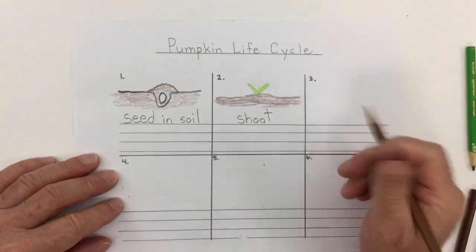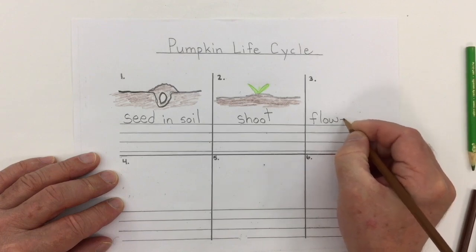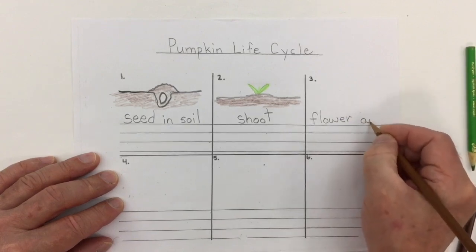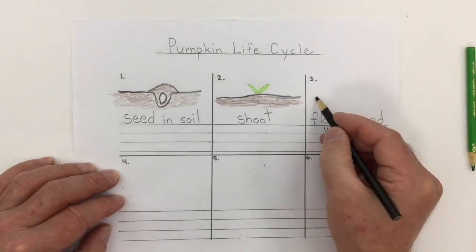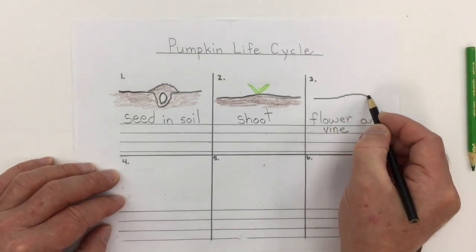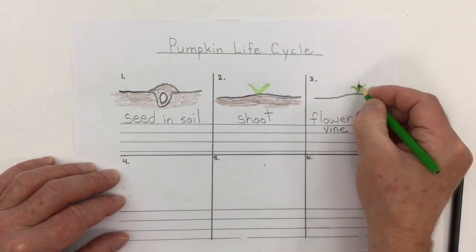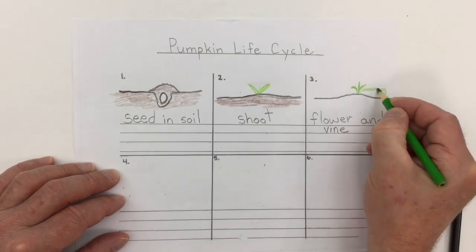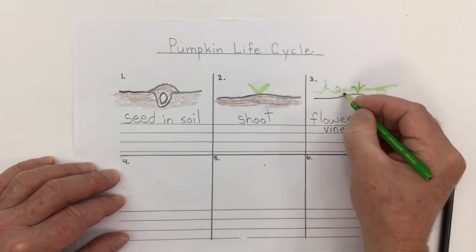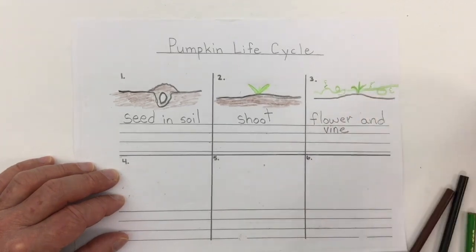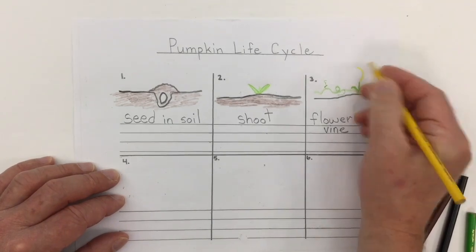The next stage of the plant, we see a flower. So I'm writing the word flower. And the vine that grows. The pumpkin flower is quite a sort of orangey, yellowy color.